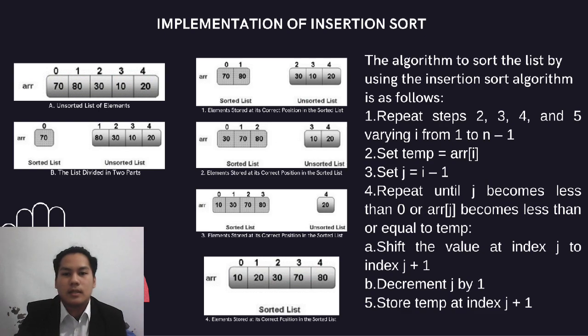Second, set temp to array[I]. Third, set J equals to I-1. Fourth, repeat until J becomes less than 0 or array[J] becomes less than or equal to temp: shift the value at index J to index J+1, and decrement J by 1. Last, store temp at index J+1.